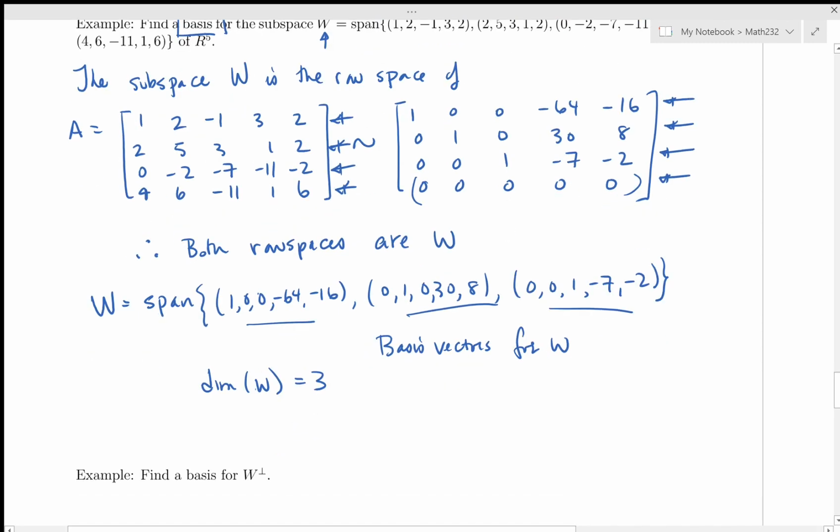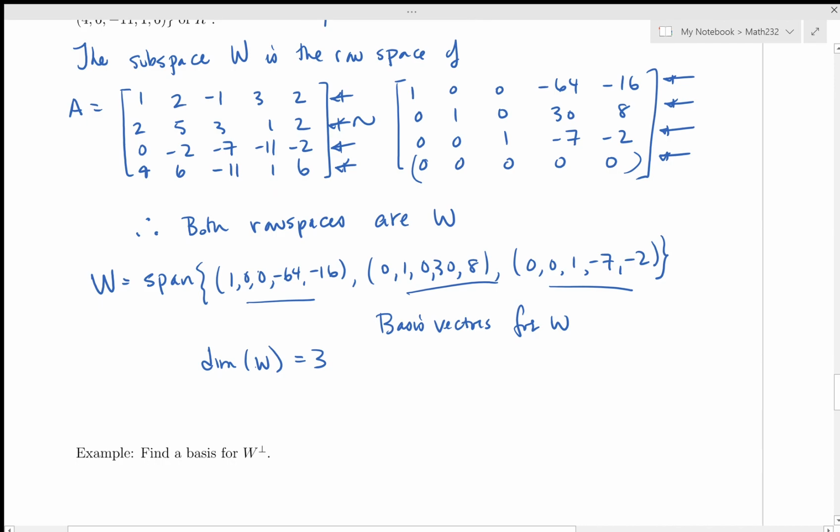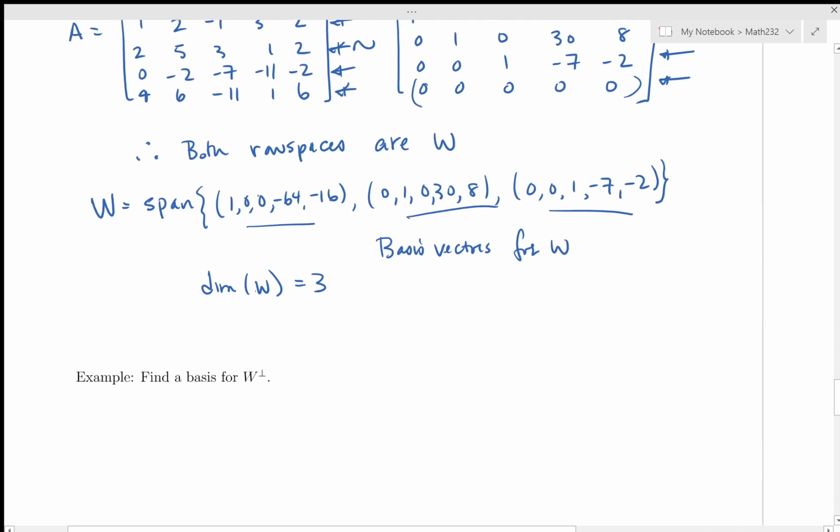Now I move on to finding a basis for the orthogonal complement of W, and that is the null space of A. So what I have to do is find the solution space. It's not quite as bad as it looks because a lot of the work is already done.